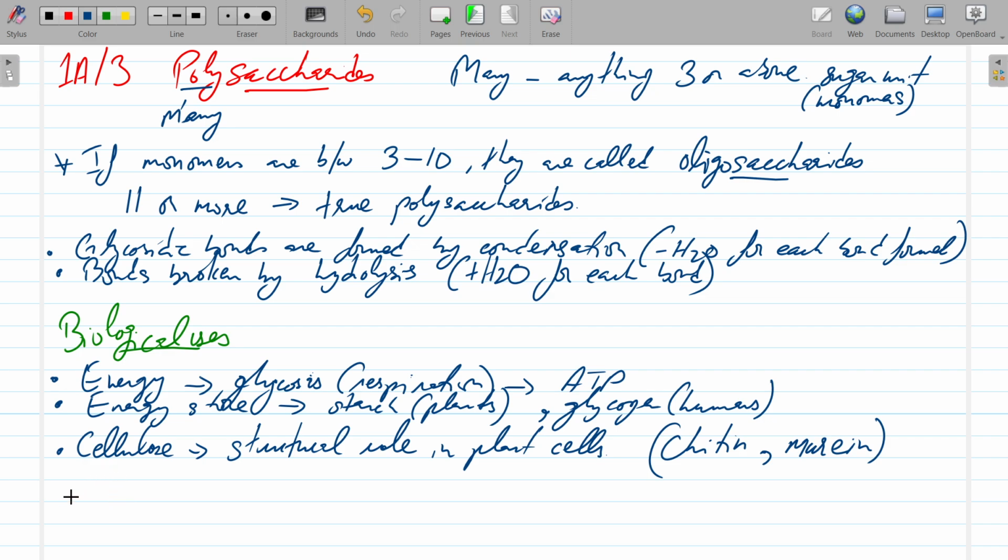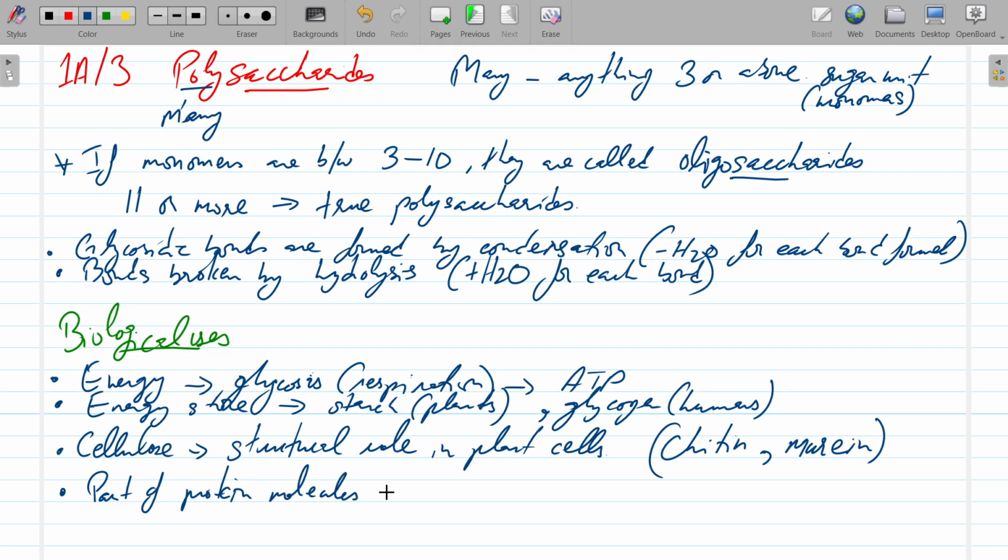And what we'll see later is that they act as part of protein molecules, not exactly protein molecules.